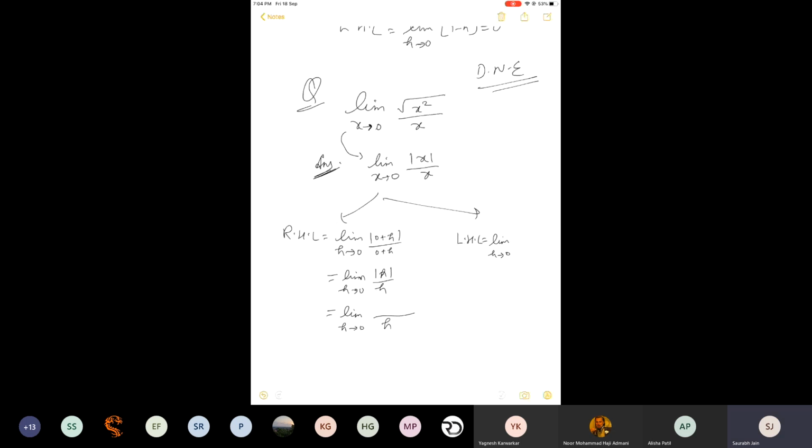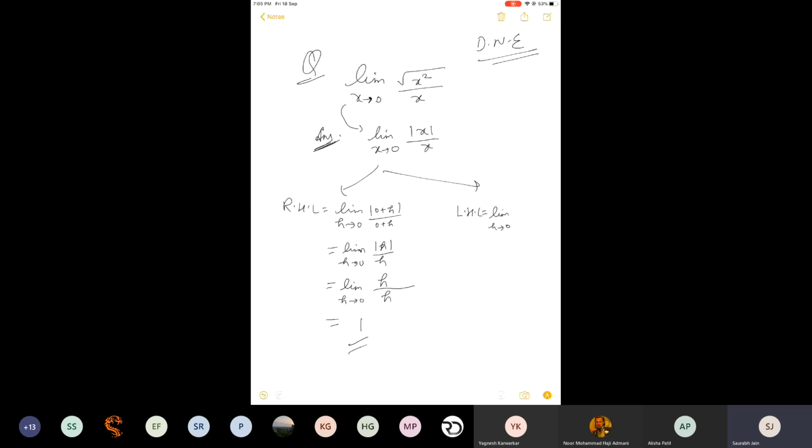What type of quantity is h? Based on that, you will open mod h. So what should come in the numerator? H. Yes. So mod h will be h, because h is a positive number. And now this can be cancelled. Why? Because h is not 0, it is tending to 0. So they can be cancelled.